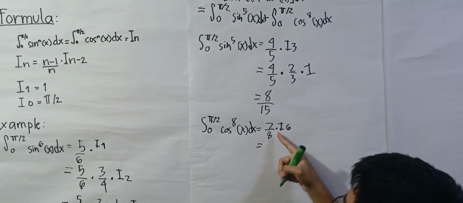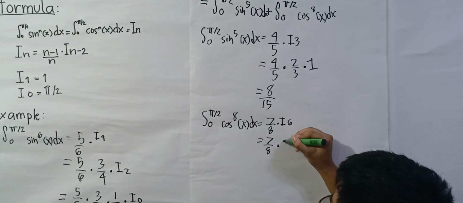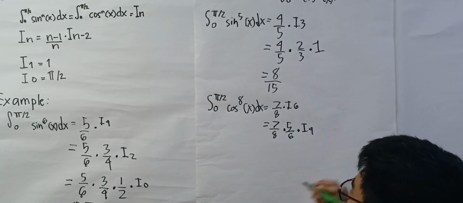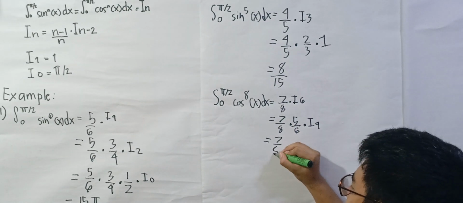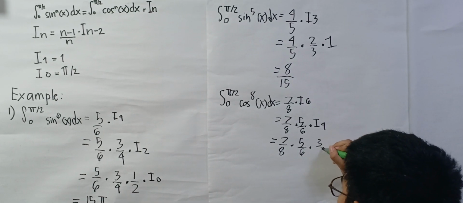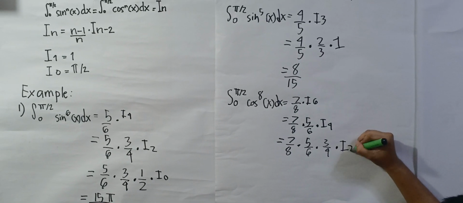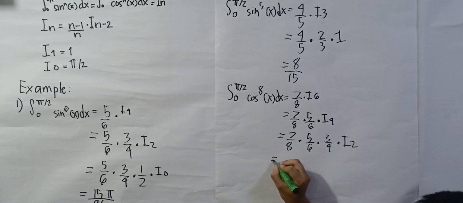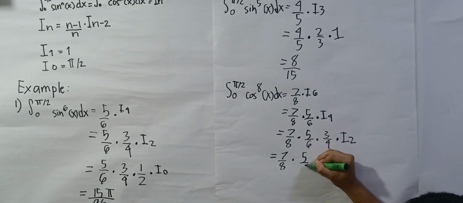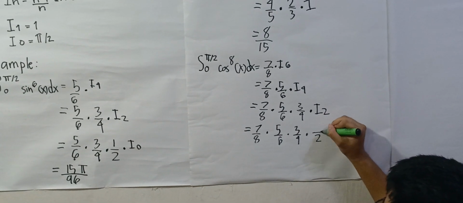Then we keep going. 7 over 8 times 5 over 6 times I4 equals 7 over 8 times 5 over 6 times 3 over 4 times I2. Then 7 over 8 times 5 over 6 times 3 over 4 times 1 over 2.